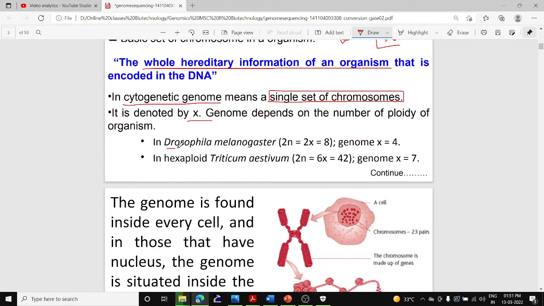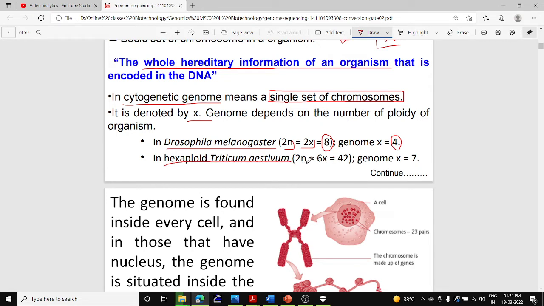Suppose we take the example of a model organism called Drosophila melanogaster, or the fruit fly. It is in the diploid condition, that is 2x, and a total of around 8 chromosomes are there. How many pairs are there? 4 pairs of chromosomes. Hexaploid is present in Triticum aestivum.